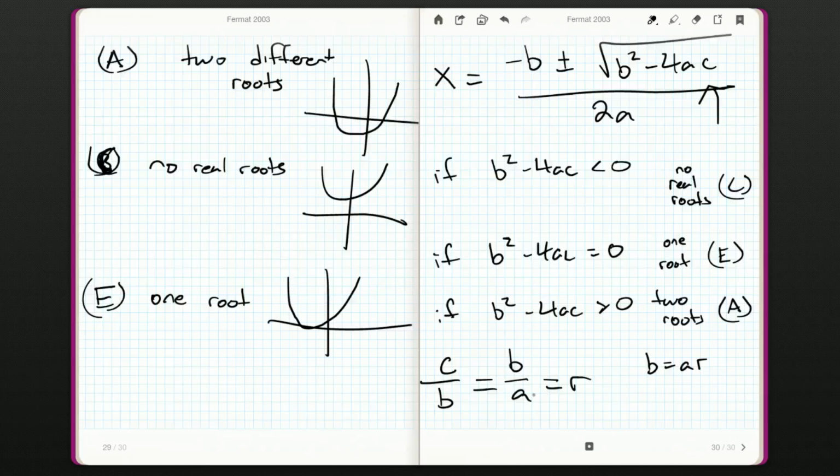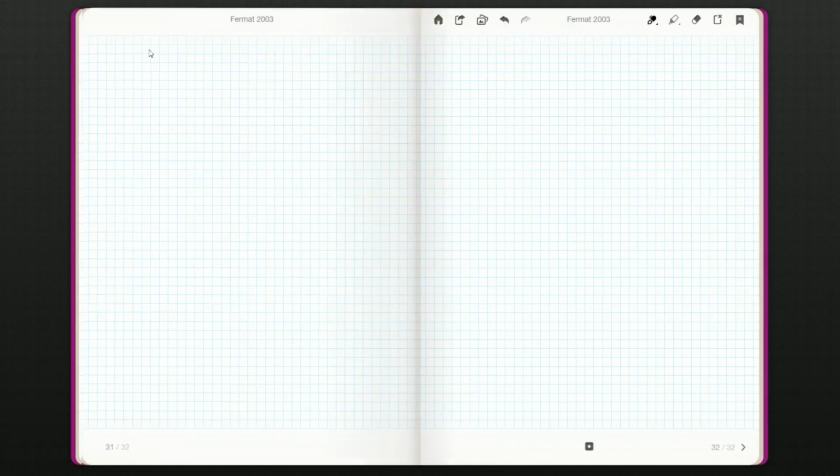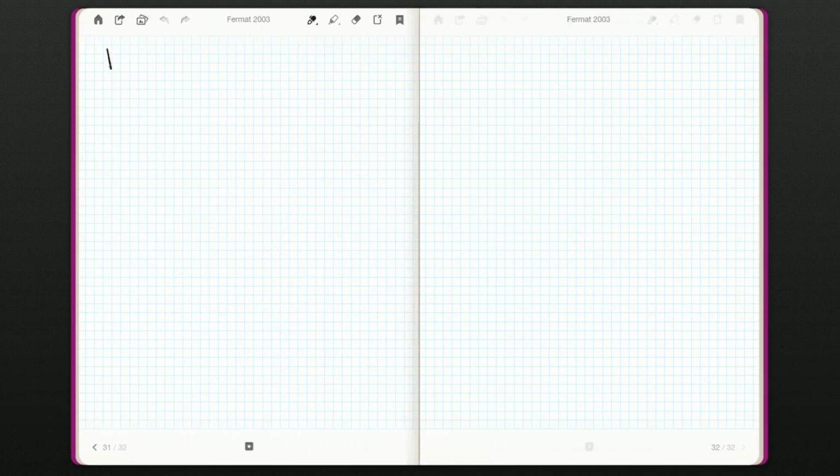And now b times r is the same as c, but of course that's a times r, which is ar squared. So now if we plug them into the discriminant, b squared minus 4ac, well, the b squared, that's just ar squared, minus 4a, and now c is ar squared.